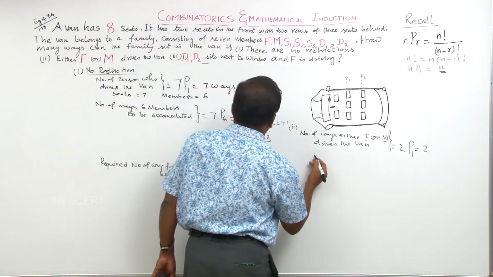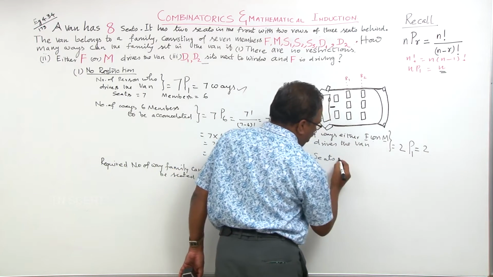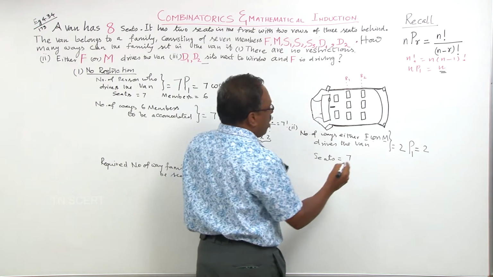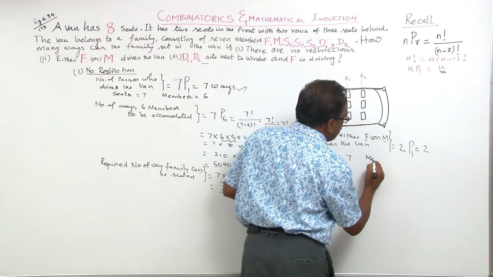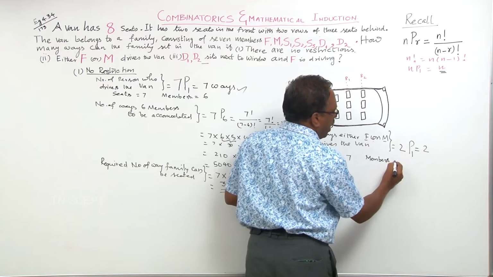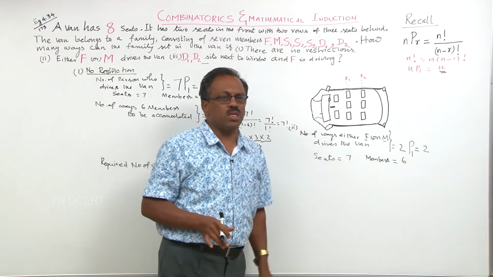Now how many seats are here now? So 1 is filled, so now the seats are 7 here. And how many members are here now? So 1 is placed, that means 6 members have to be filled in this part.